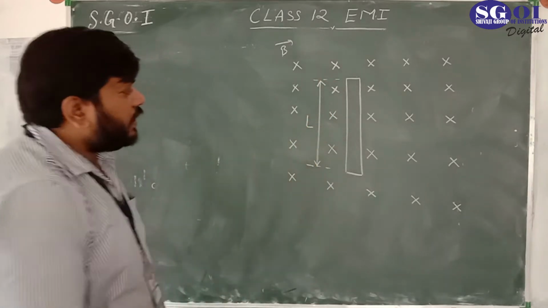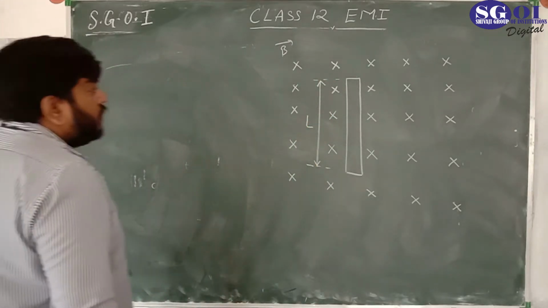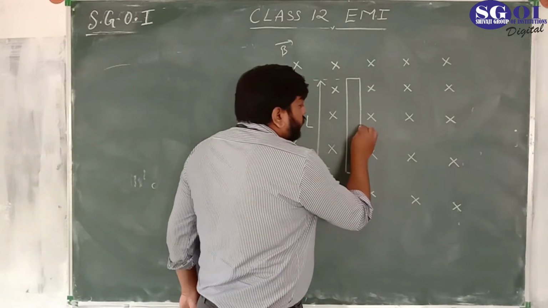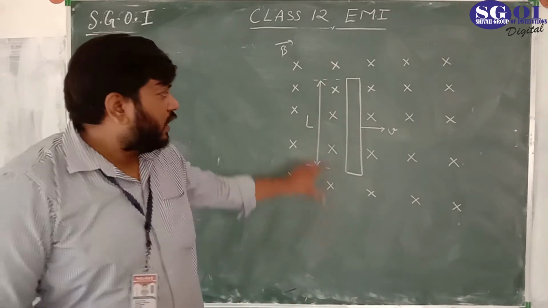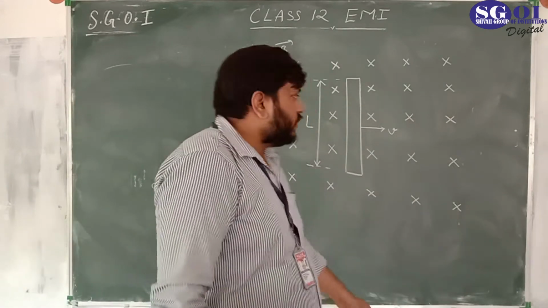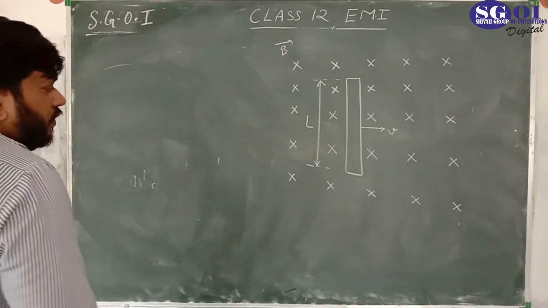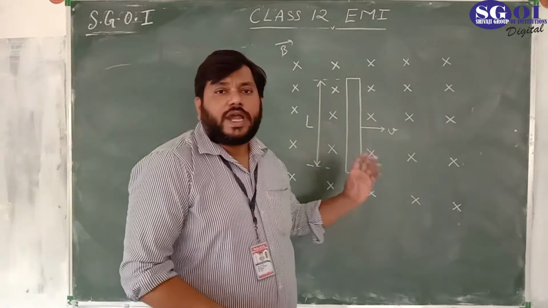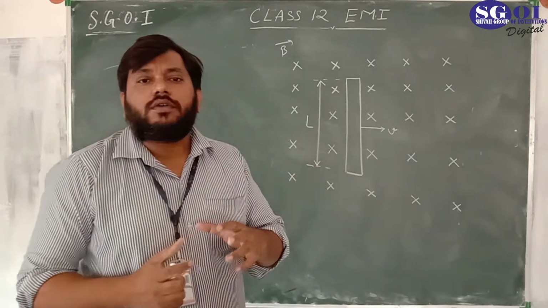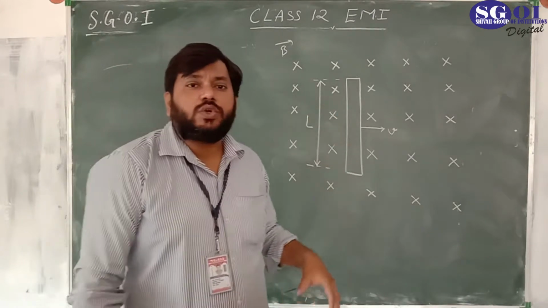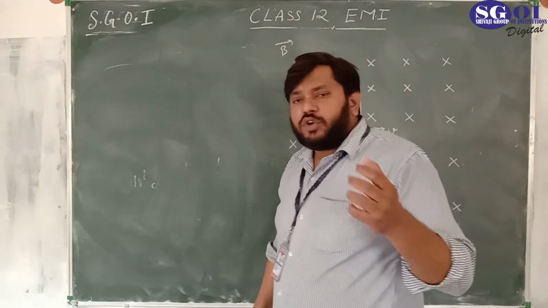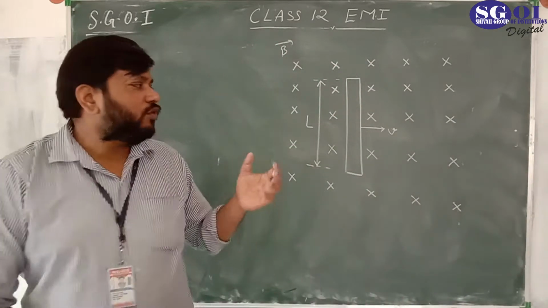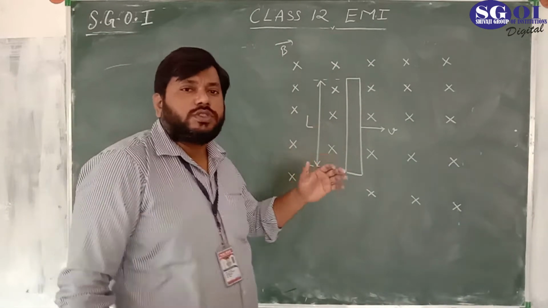This is the conducting wire of length L, which we have to move. We are moving this conducting wire with velocity v, linearly, in one dimension, and we have to find the formula expression for the induced voltage. So first let's see whether the voltage is inducing or not.